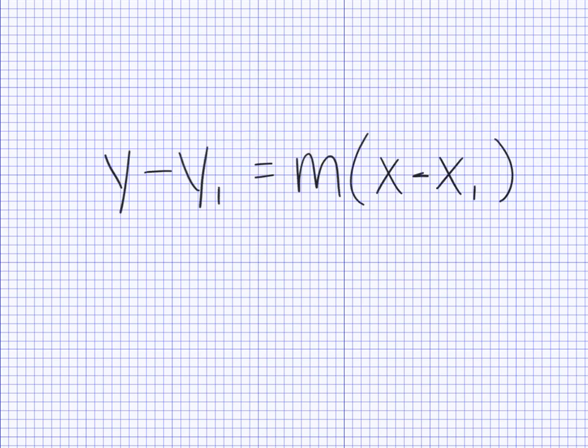Okay, so again, this is what your equation in point slope form will look like. So what we're going to do now is we're going to break this down, and I'm going to show you exactly where things are going to get plugged in. And again, you will be given this equation form for your test. You just have to know where to plug numbers in.